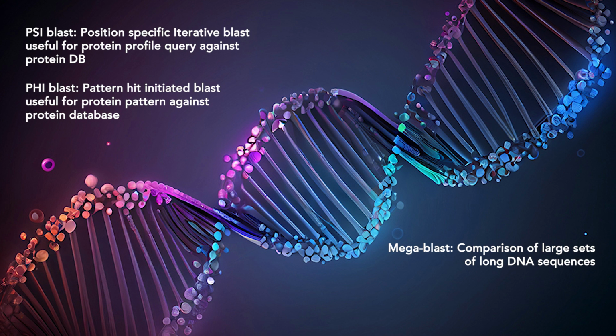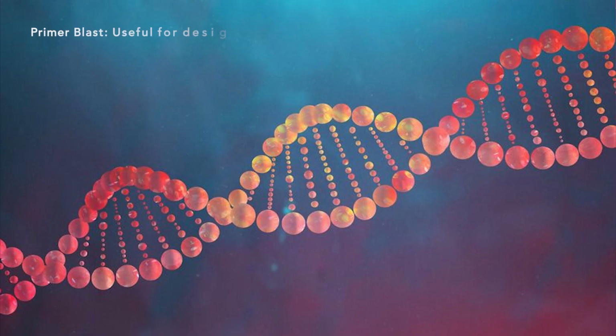Megablast is for comparison of large sets of long DNA sequences, and another specialized program, genomic BLAST, is useful for complete genome alignment. Another important program is Primer-BLAST, which is useful for designing PCR primers with primer theory.